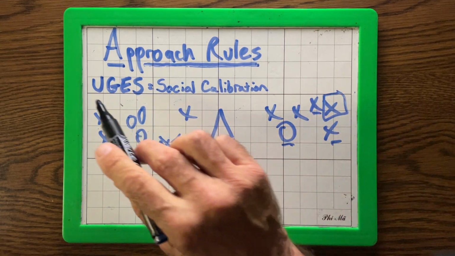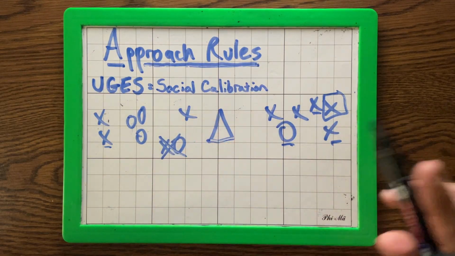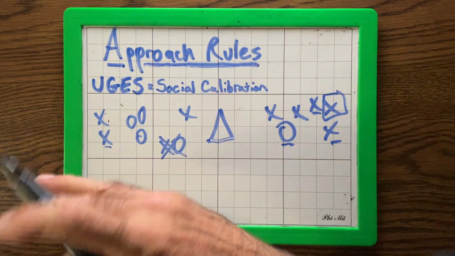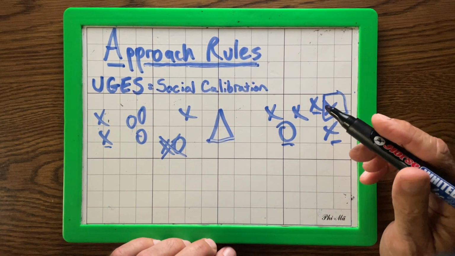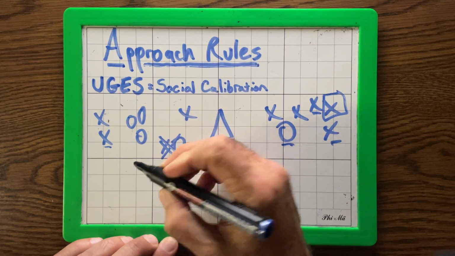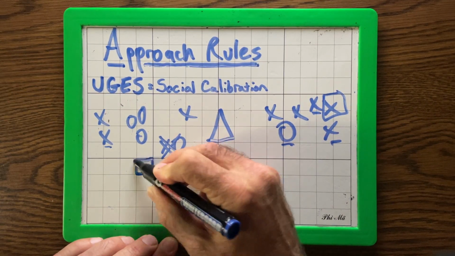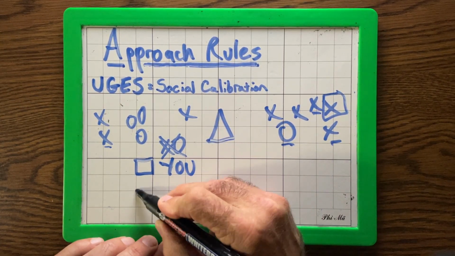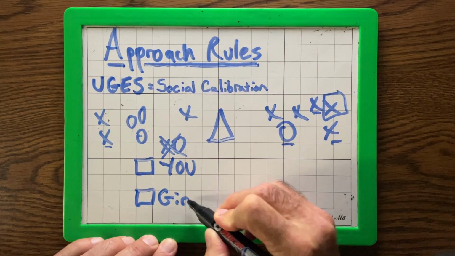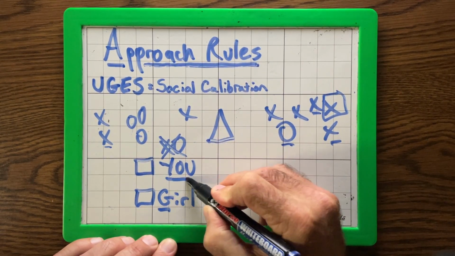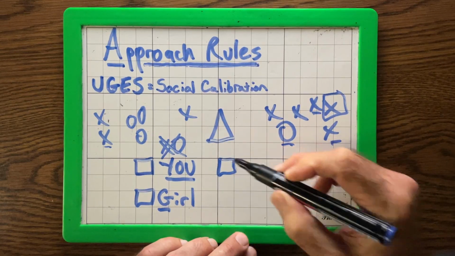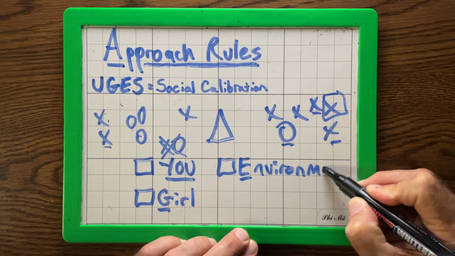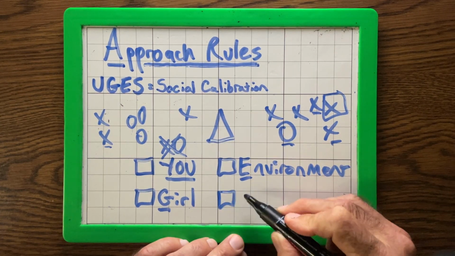Now remember, I said I was going to talk about UGES. This is where it comes into play. I've shown you what to do from 1 sets all the way up to groups of 100 people all standing around. So UGES is basically you, then you've got the girl, then you've got the environment, and last but not least, you've got the situation.